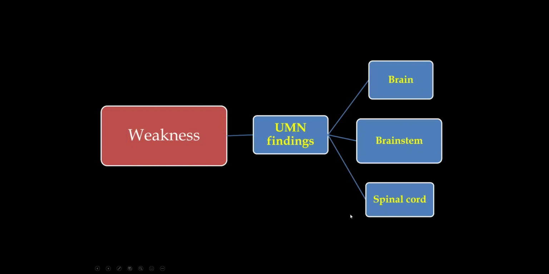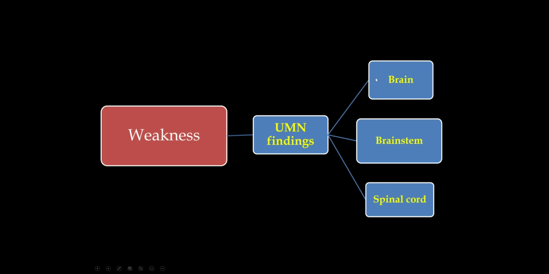So let's start with that. And we'll see there are really four possibilities when someone comes in with weakness. So the first one is, are we seeing upper motor neuron findings? And in a bit I'll list upper motor neuron findings, what those are, but if we do have upper motor neuron findings, you have three options. The lesion is either in the brain, in the brainstem, or in the spinal cord, because those are where the upper motor neuron pathways travel.